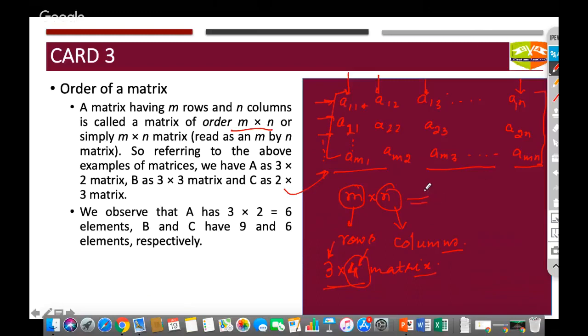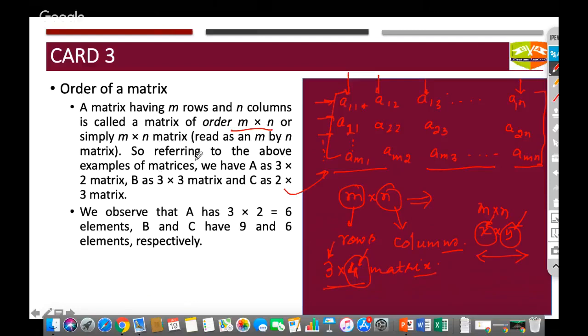I have seen myself while teaching that whenever this kind of question is given, like m into n or x into y, asking how many rows and how many columns, people do make mistakes. So have clear conceptual clarity that the first one is the number of rows and the second one is the number of columns.